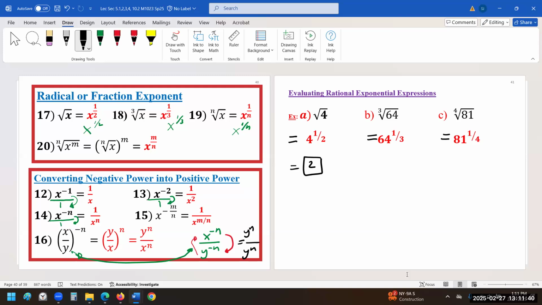Whichever you are used to, stick with that. What I personally like is to convert radicals into exponents, because later we are not going to have 1 on the top, we are going to have a different number on the top. So we want to keep our exponents and then simplify the base.